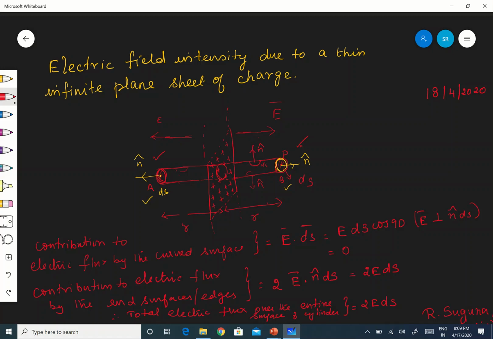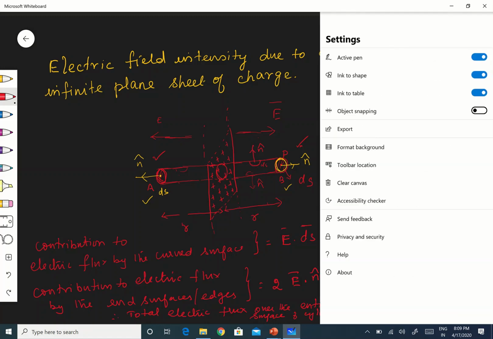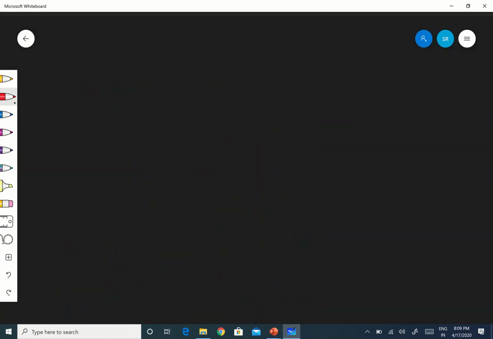Now we will go for Gauss theorem. Okay, therefore, by applying Gauss theorem now.